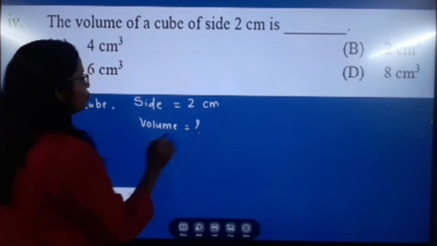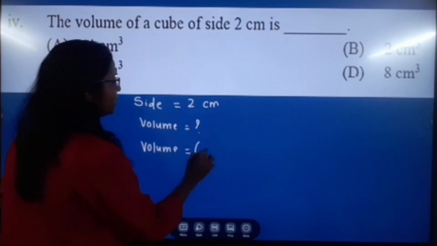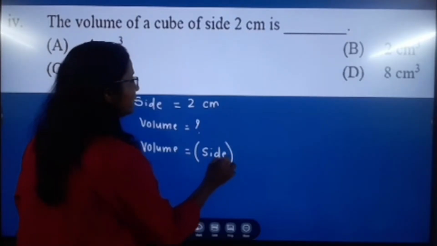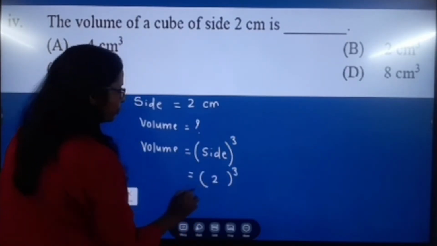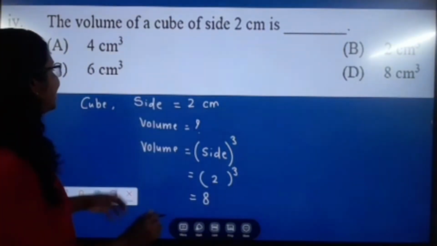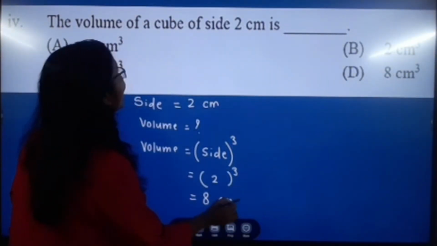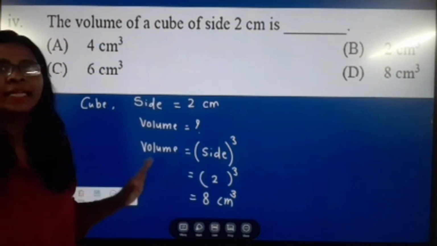So the volume of the cube is the cube of side. So the cube of 2, what is the cube of 2, students? That is 8, so 8 centimeter cube, that is 8 cubic centimeter, students.